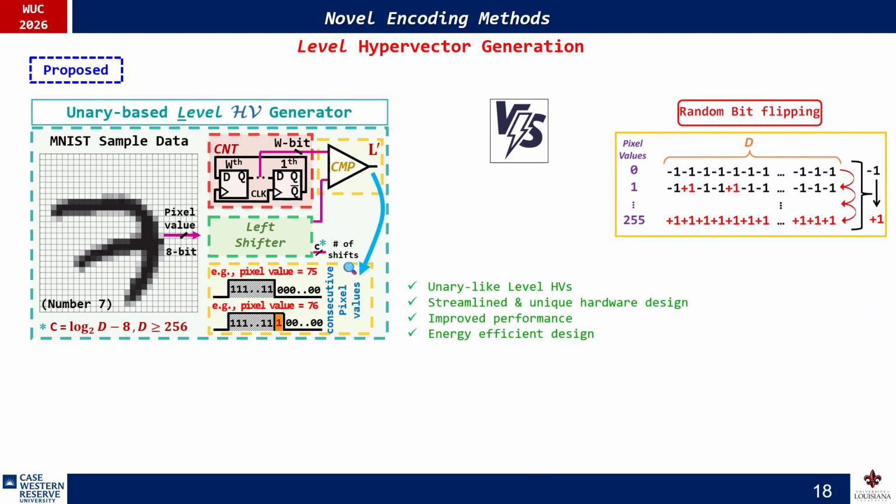For example, with a pixel value of 75, we will have some ones together and the remaining are 0. But when the pixel becomes 76, only one bit changes, and we have one more one in this group of ones and the remainder are 0. In this way, we keep track of closer values.